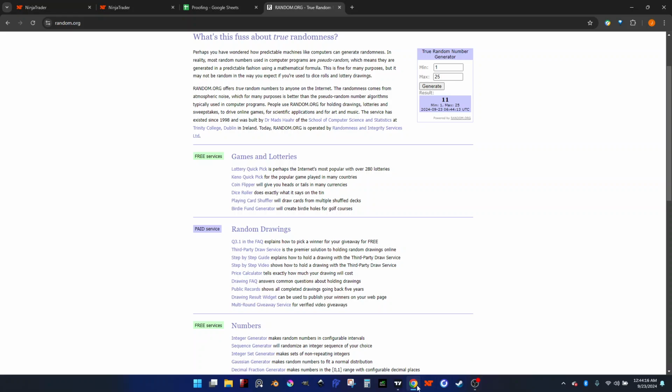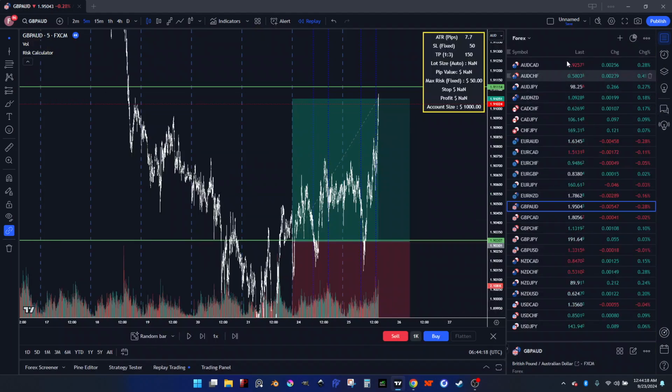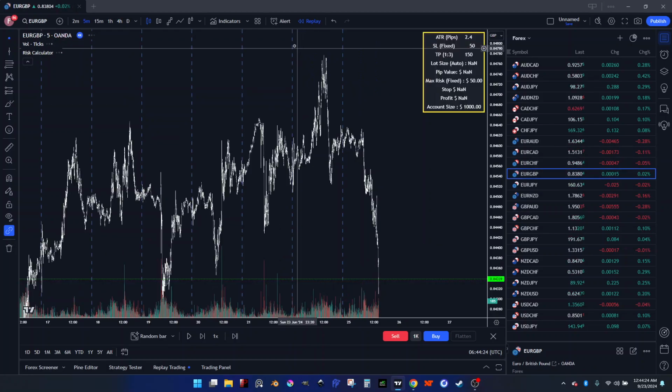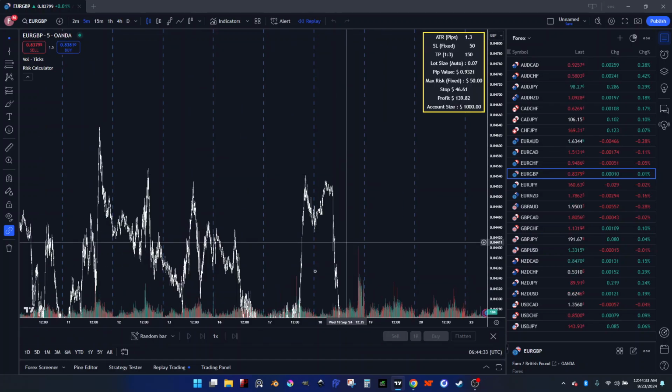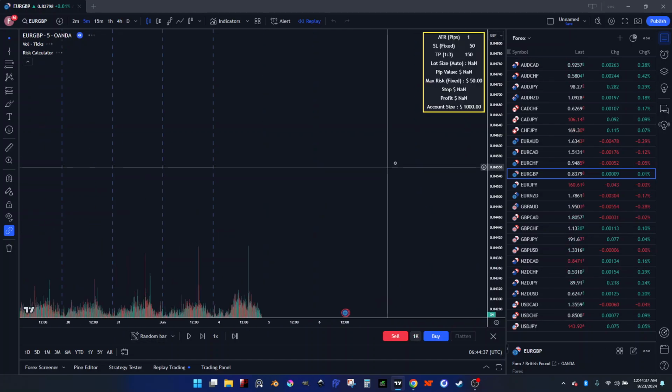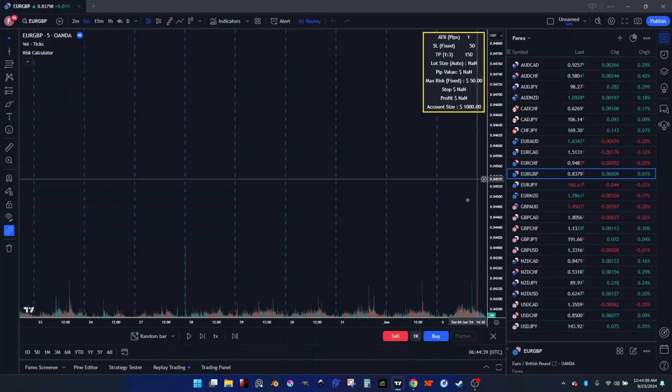11. So 1, 2, 3, 4, 5, 6, 7, 8, 9, 10, 11. Euro GBP. Okay, and turn that off. And in order for me to memorize all these, I'd have to memorize every single pair. So there's no memory unless we get to the Euro USD.